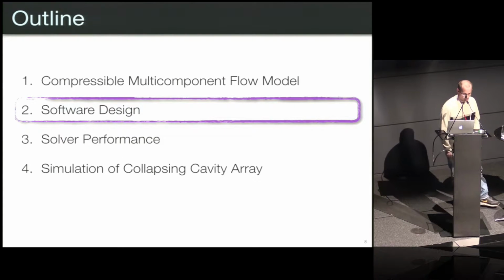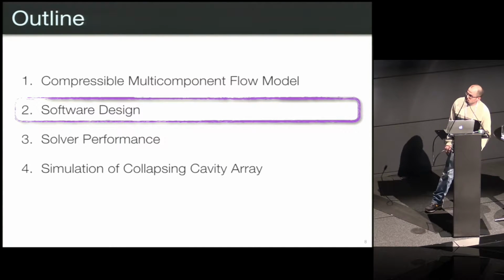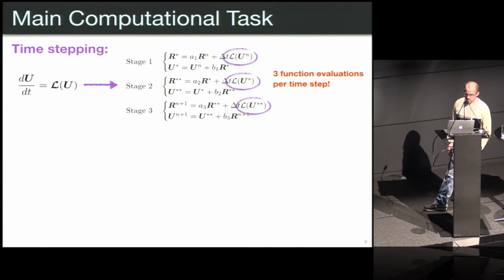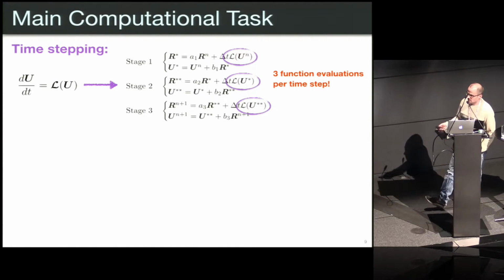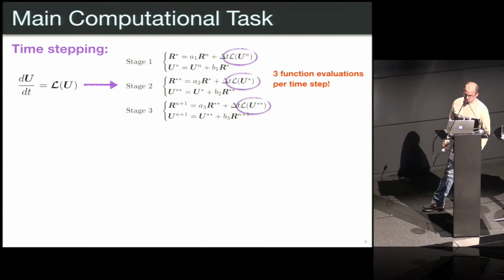Okay, I would like to move on now to software design considerations we have taken for our solver. So the main computational task in our problem is the solution of this system of ordinary differential equations. By using this third-order Runge-Kutta time stepper, we can decompose this problem into 3 stages, where each of the 3 stages requires one evaluation of this right-hand side function, which is a computationally expensive task.